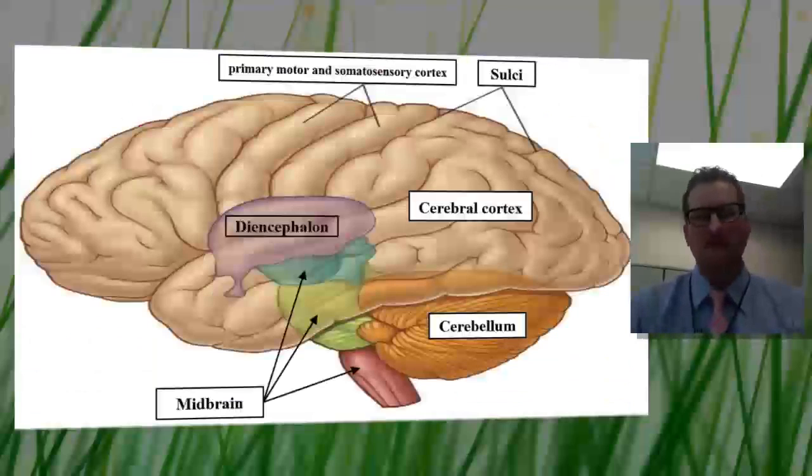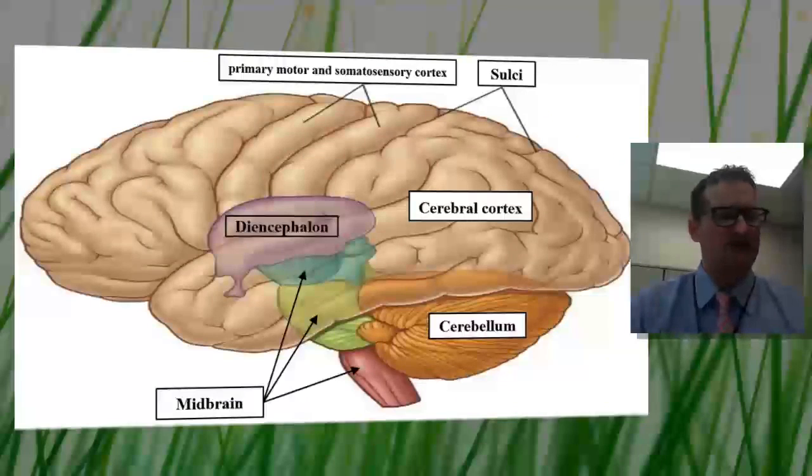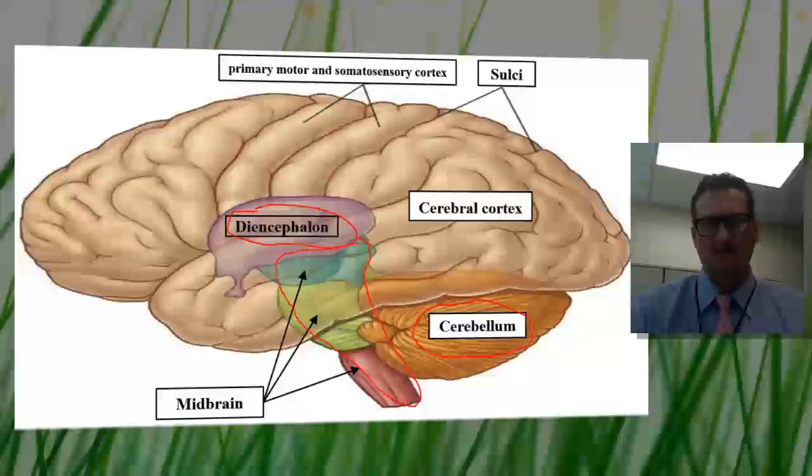The brain, shown here, is divided into 4 major regions: the cerebrum, which is all of this tan area, the diencephalon, that's labeled here, the cerebellum, which is down here in this region, and the brainstem, which is basically all of these structures together.